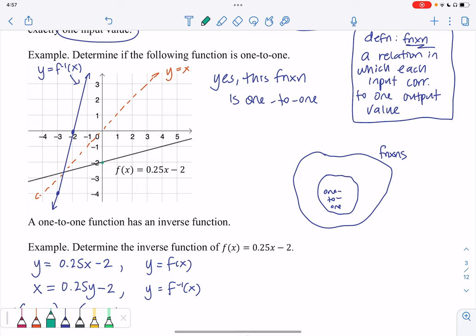Let's say I look at this point here, which is (0, negative 2), and that point belongs to f. I have this point over here on f inverse, which is (negative 2, 0). And I can see that they are just flipping x and y, meaning they're reversing the position. They're switching spots, and every point on these functions will have that.